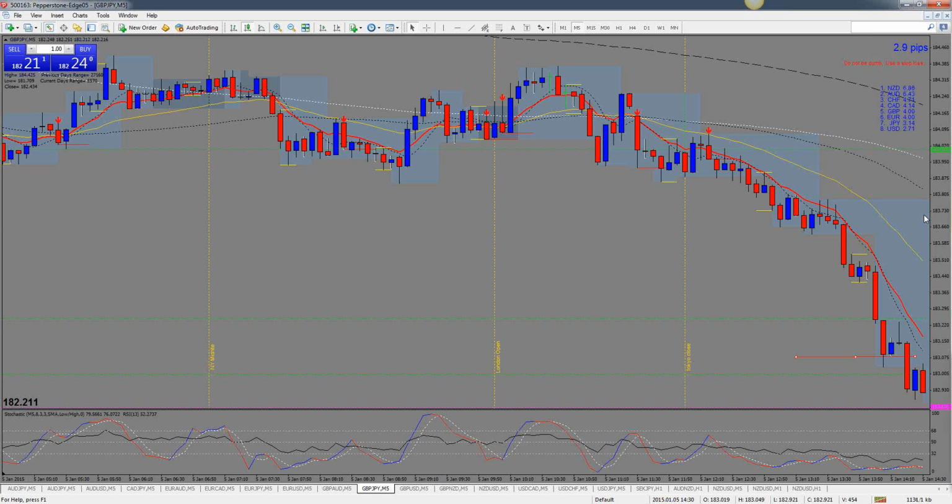You should really only trade signal bars and inside bars if your stochastics is coming down off of the 80, or your 70, 80 mark, and if your RSI is below 50. All right.